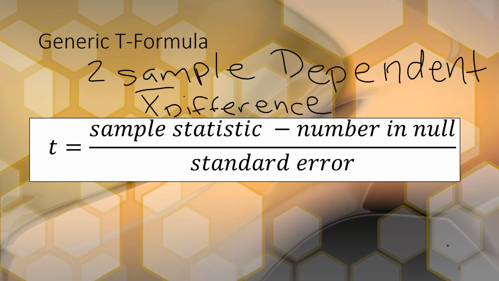So what you do is you have the pairs of numbers that are paired together, right? And you subtract them, and then you have a whole new column for the difference scores, and then you get an average. And that's what goes for the sample statistic. So for any T statistic, you're going to have some kind of sample mean or 2 means and the difference between them. But it looks very similar. You just have to know which one to use when.